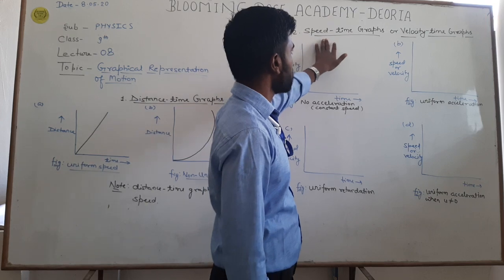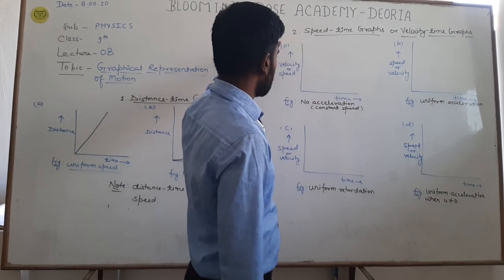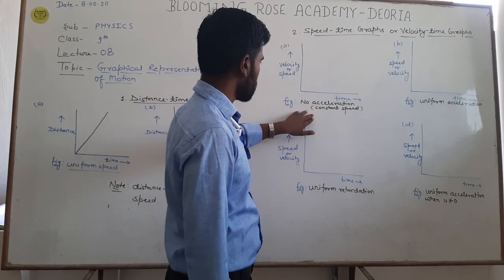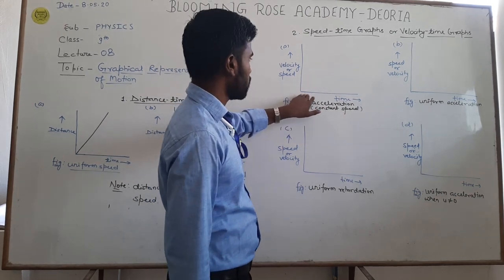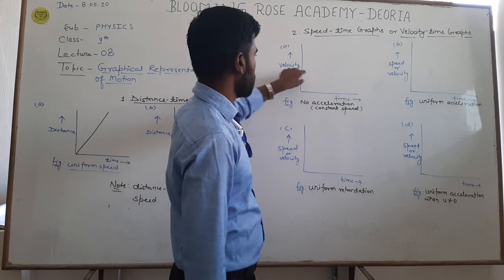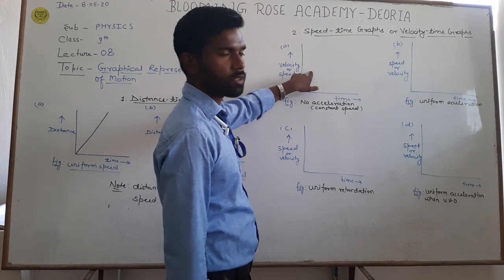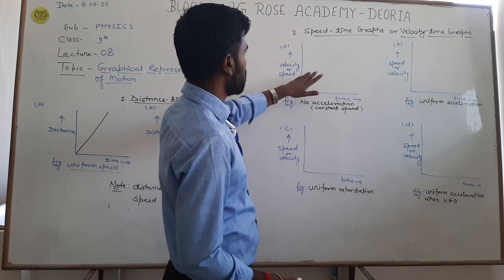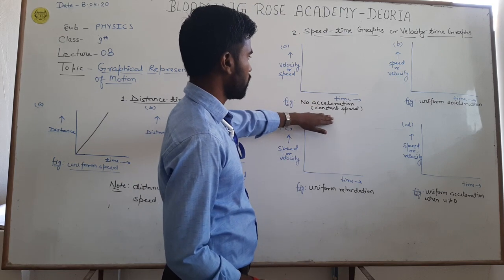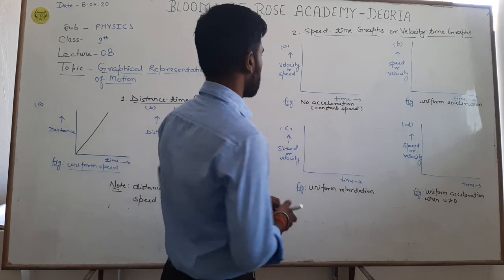Here you have speed-time or velocity-time graphs. First of all is no acceleration or constant speed. When at any interval of time we take a fixed velocity, we get this type of graph, called a speed-time graph which contains no acceleration.